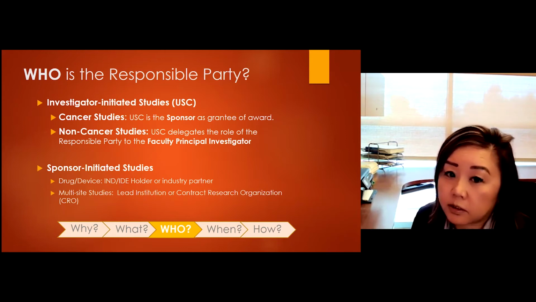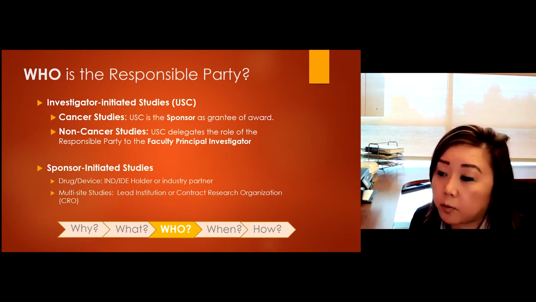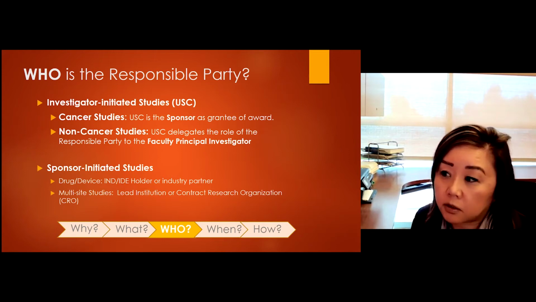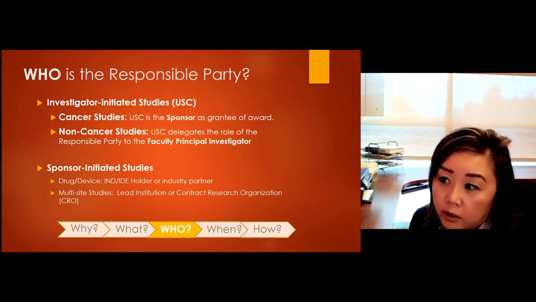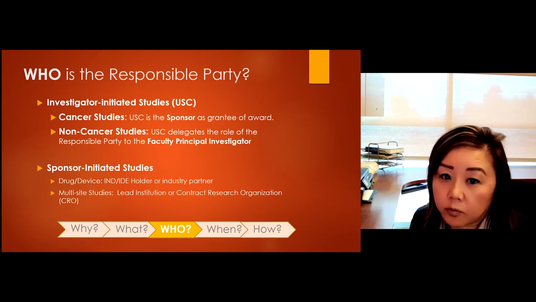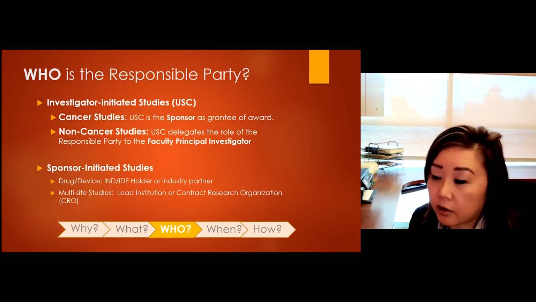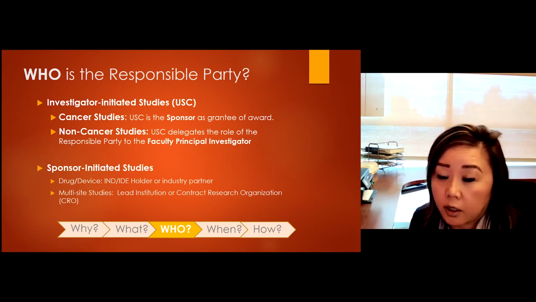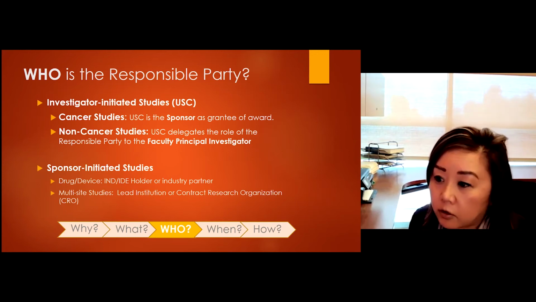So this will be listed in the responsible party area of that clinical trial information. There will be a difference to distinguish sponsor as USC as the awardee for the cancer studies, and then for non-cancer studies, the PI will be listed as that responsible party. That way they have a little bit more control to approve and release the study record.